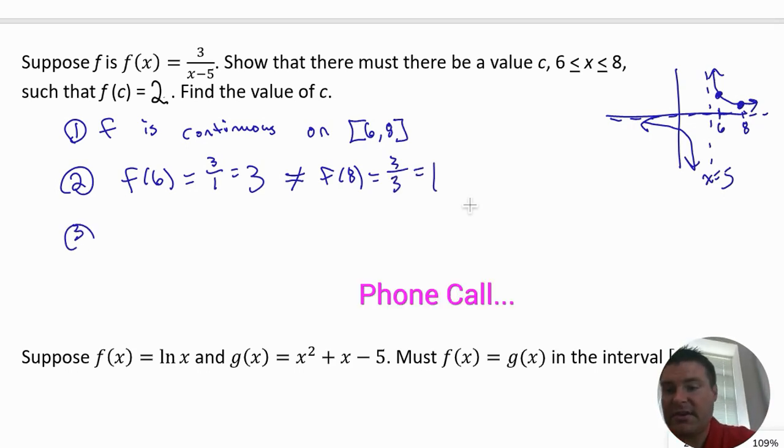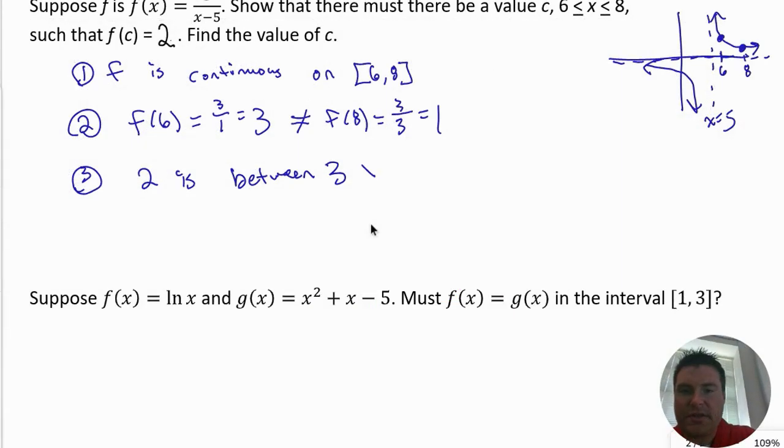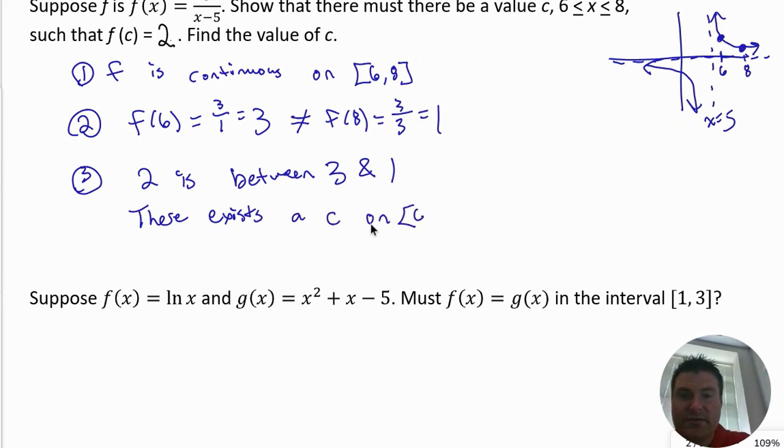And the third thing there is that 2 is between 3 and 1, and so we can say that there exists a c, we don't know what c is, on the interval from 6 to 8, including 8, where f of c is equal to 2.